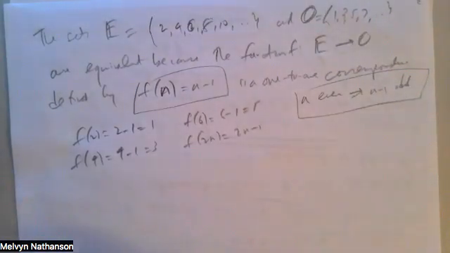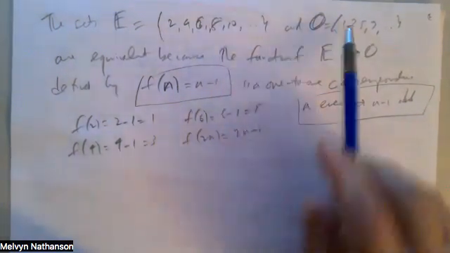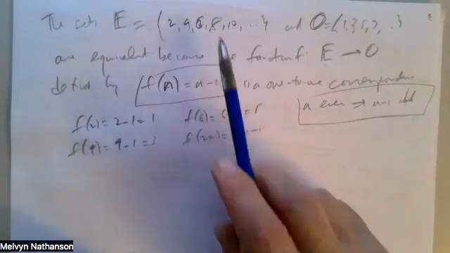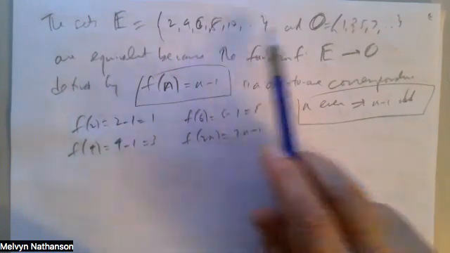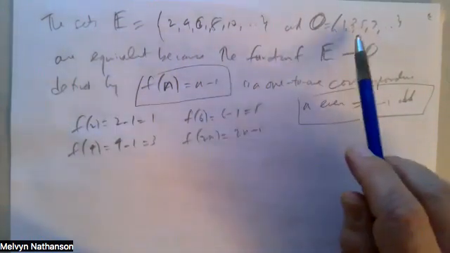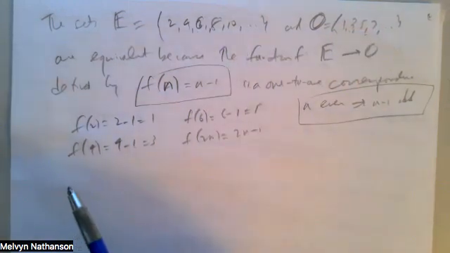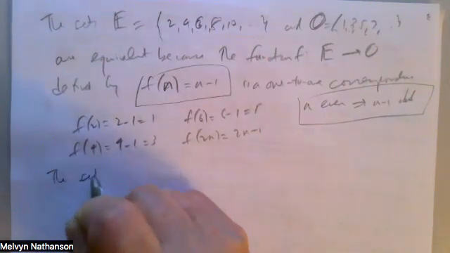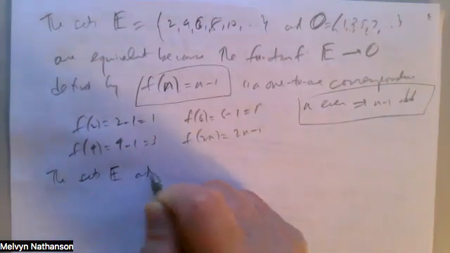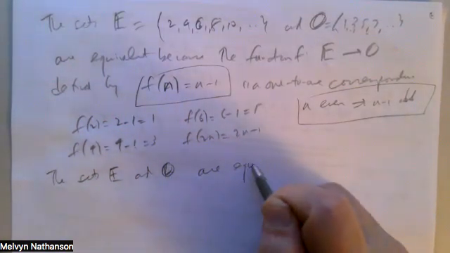Subtract 1 from an even number, you get an odd number. And so this is a function from the even numbers to the odd numbers. It sends a positive even to a positive odd. Two different even numbers get sent to two different odd numbers. And every odd number, if you add 1, is an even number. So the sets E and the odds are equivalent.